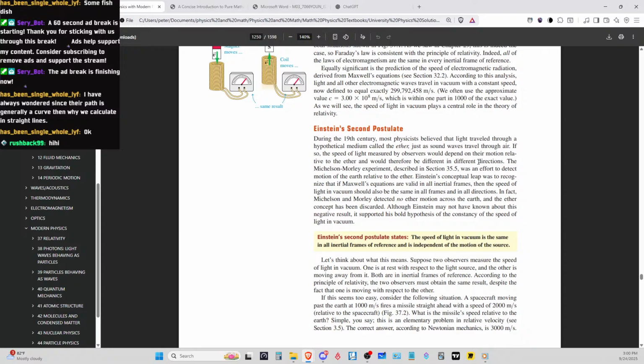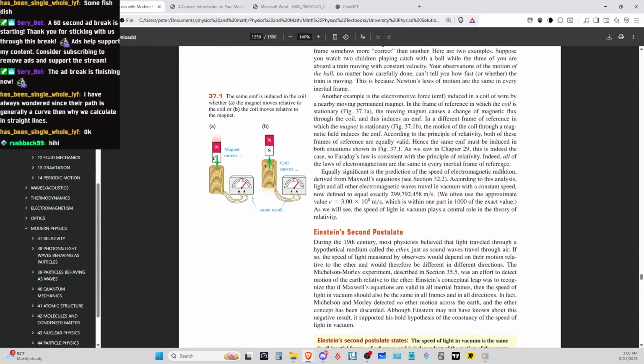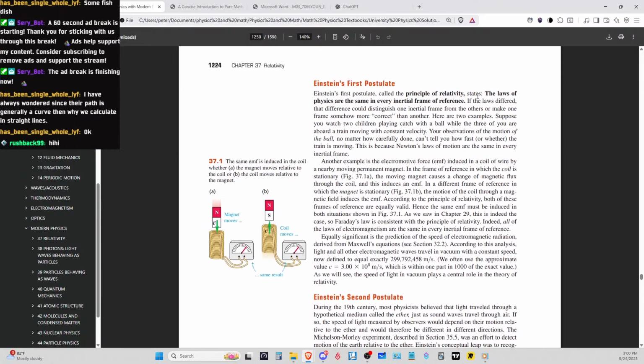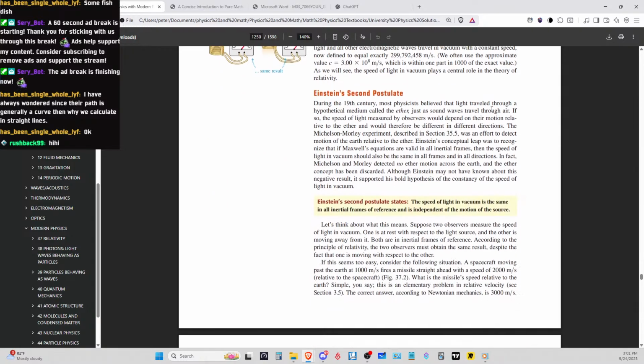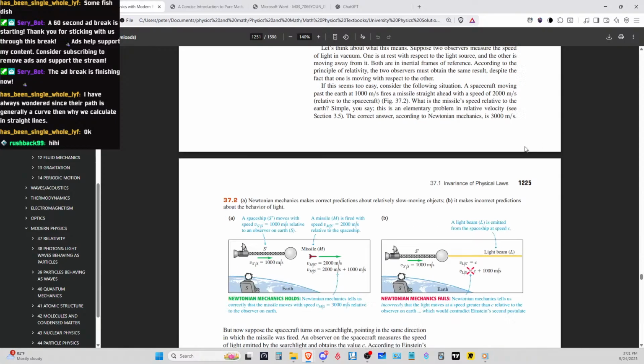So, the one thing I don't understand is why didn't they put his first postulate in a yellow box? The laws of physics are the same in every inertial reference frame. The speed of light in a vacuum is the same in all inertial frames of reference and is independent of the motion of the source.